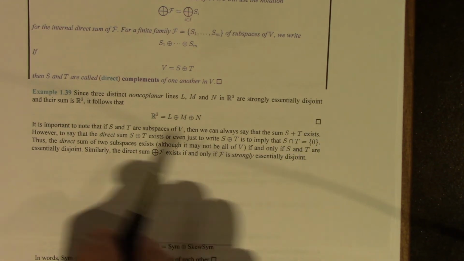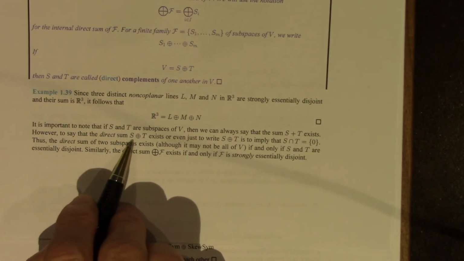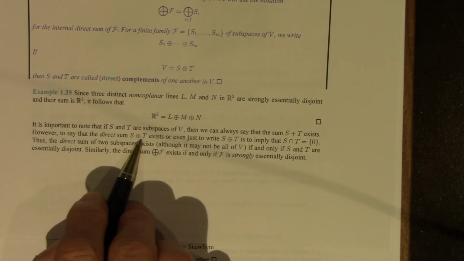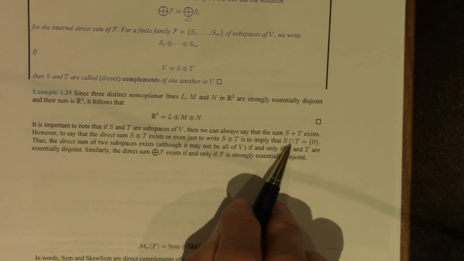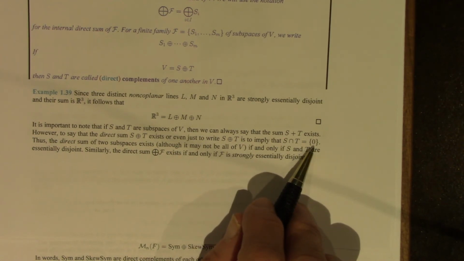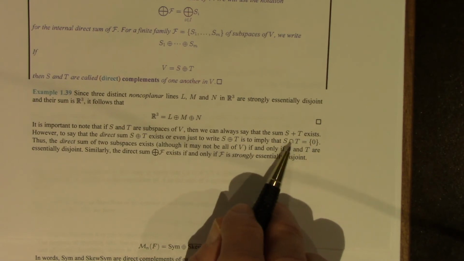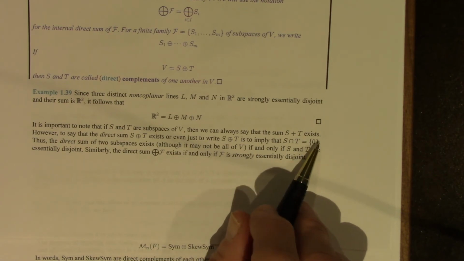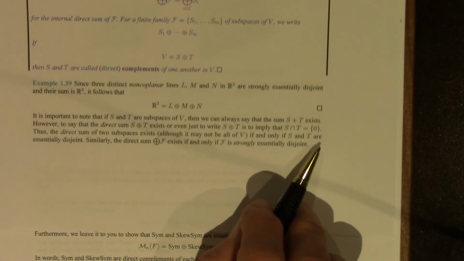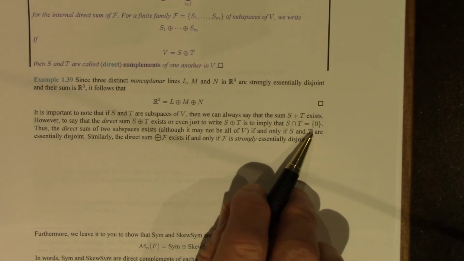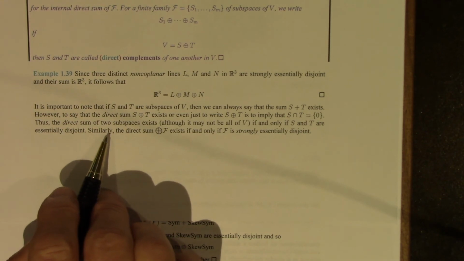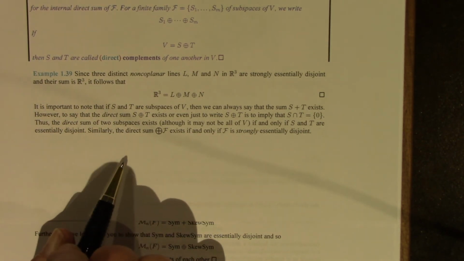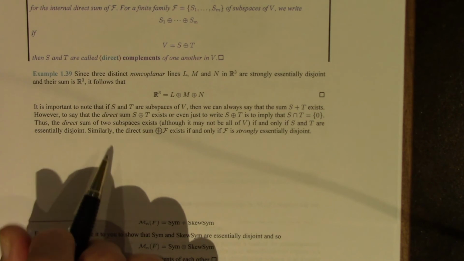But to say that the direct sum exists, or even just to write this, is to imply that the two subspaces are, well, strongly essentially disjoint, but in the case of two subspaces, it's the same as just being essentially disjoint. So the direct sum doesn't always exist. The sum always exists.